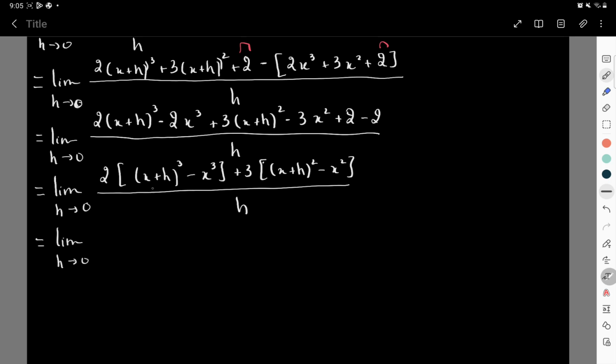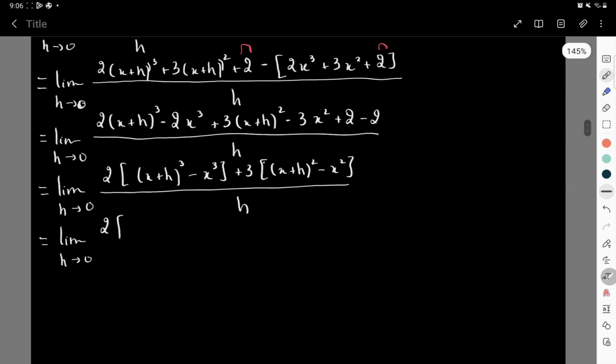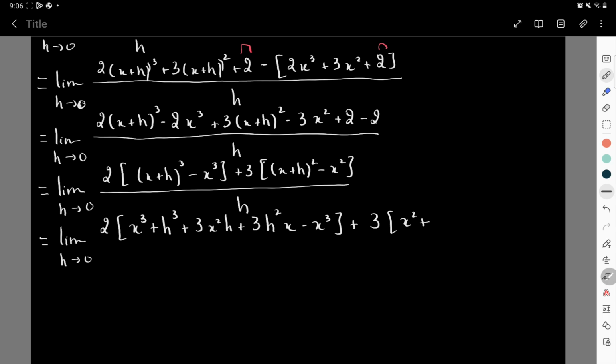You can factor this as a difference of two cubes, or you can expand that. Either way works. So this is x cubed plus h cubed plus 3x squared h plus 3h squared x minus x cubed. Here also you can factor it as a difference of two squares, or expand the first square. So it's x squared plus h squared plus 2xh minus x squared over h.